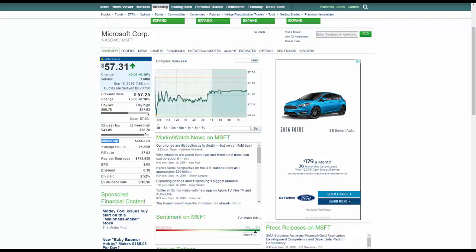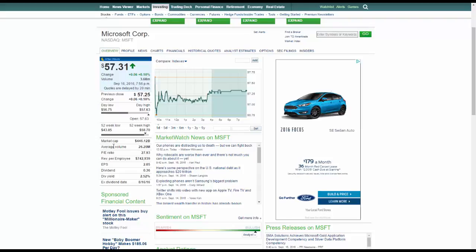This number right here is $446.12 billion. You can compare that with another company to see which company has more market capitalization over the total stock market.